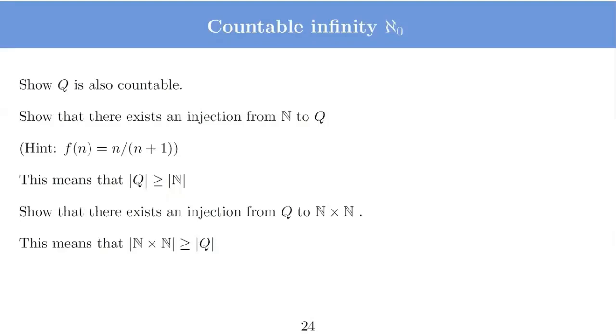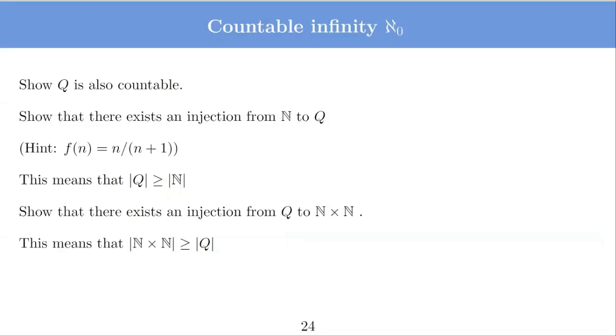Because some pairs you have to exclude because they map to the same number, right? For example, 1 comma 2 and 2 comma 4, both are pairs in N cross N, but they both map to the same rational number 1 by 2. So Q can actually be written as a subset of N cross N.